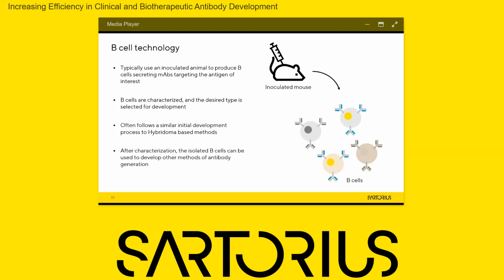So again, the B cells are characterized and the desired type is selected for development. And as I said, it often follows a similar initial development process to hybridoma-based methods. However, it changes where, after characterization, the isolated B cells can be used to develop other methods of antibody generation, which are a little bit different to hybridoma technology.